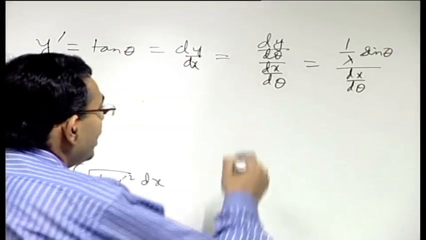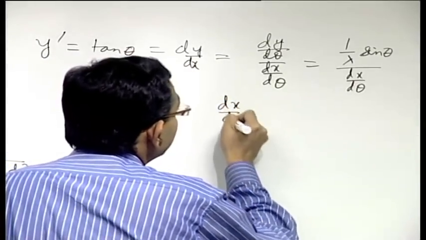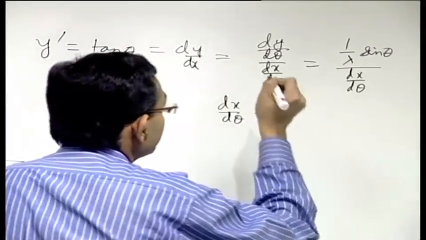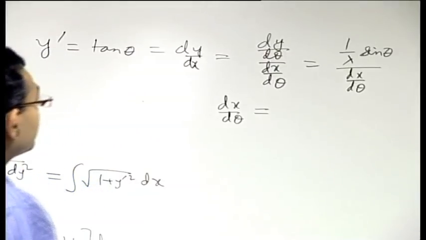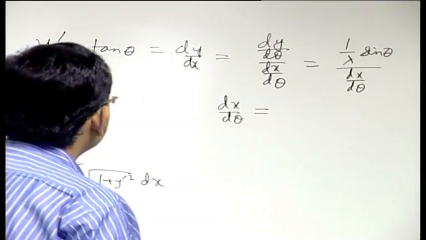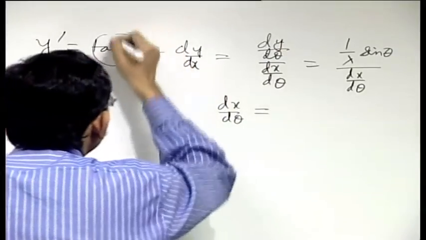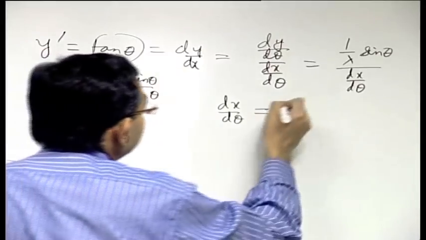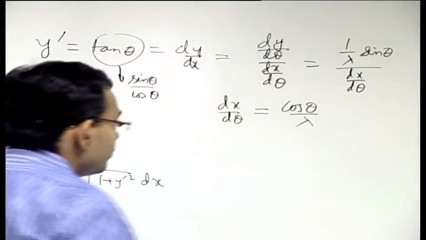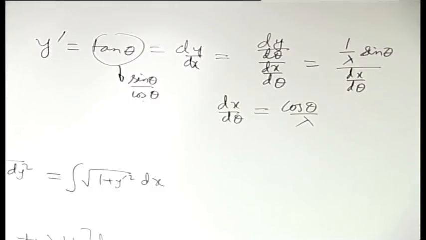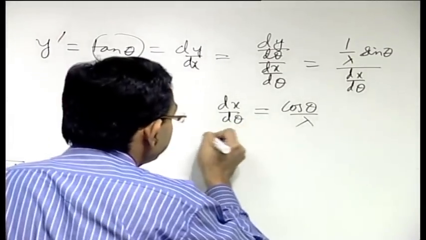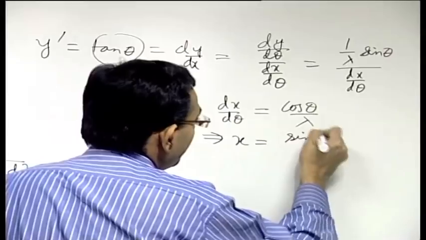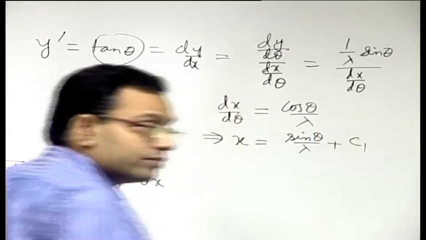So you mean that you have dx d theta equal to, this is sin theta by cos theta, right? So cos theta by lambda. So from here you will get an expression involving x. So what will you get? x equal to sin theta by lambda plus some c1.